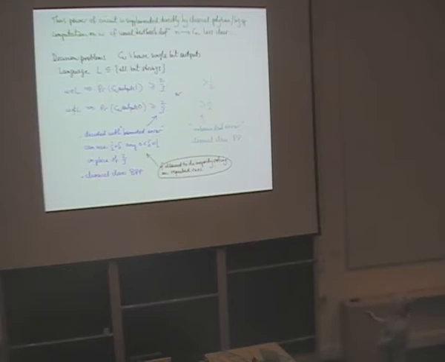It's kind of non-physical, in the sense that if I had greater than or equal to a half here in both cases, that would be completely trivial. Every language has that property, because all you do is ignore the input and just toss a coin and say yes or no according to whether the coin comes heads or tails, and that's always going to be correct with probability a half, right?